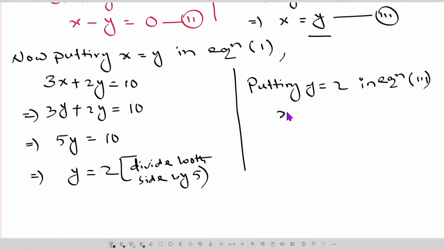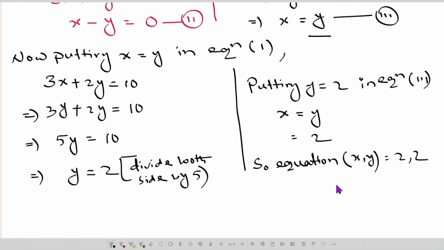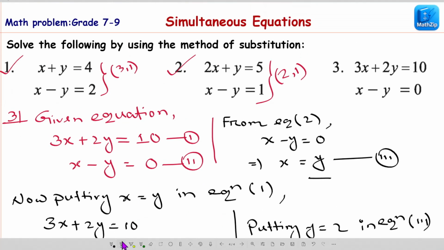So x equals y, which means 2. Therefore, the solution x, y equals 2 and 2. Right? So today's question 3 answer, which is to solve the following by using the method of substitution. We already got the answer.